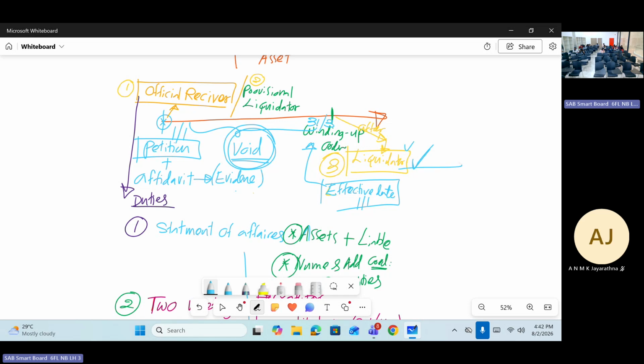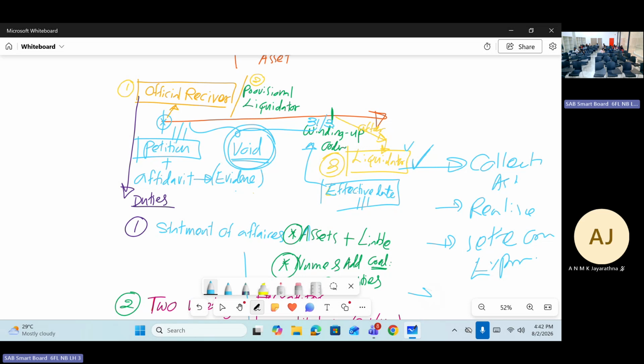The liquidator will conduct the liquidating process, that is collecting assets, realizing them, settling the creditors, and settling the winding up expenses.